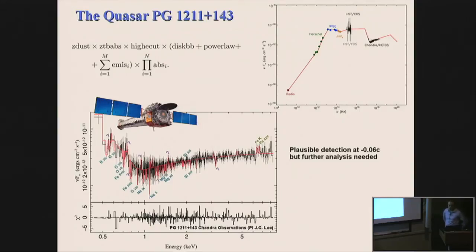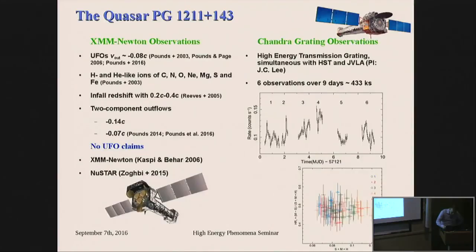Is your density profile related to cloud distribution or just a smooth medium? Pardon? Is the density profile measured as clouds per unit volume or just density of the smooth medium?